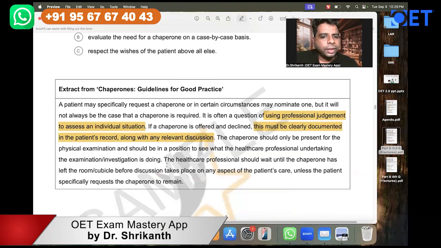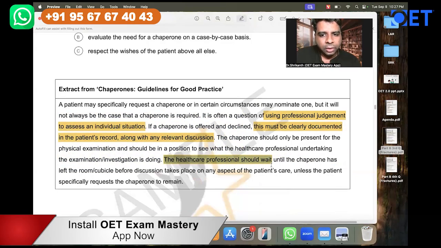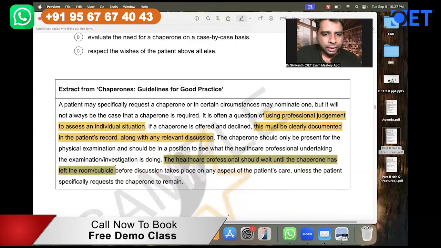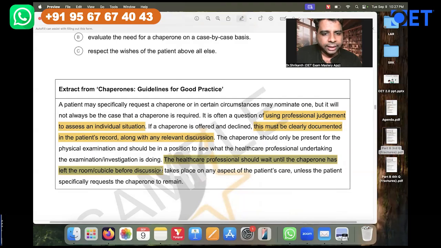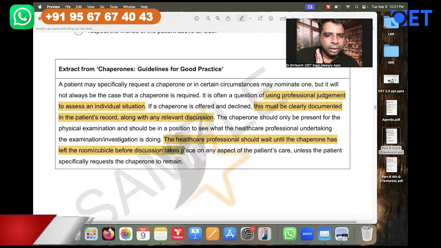Now over here, they're telling the healthcare professional should wait until the chaperone has left the room or cubicle before discussion takes place on any aspect of the patient's care, unless the patient specifies the chaperone to remain.